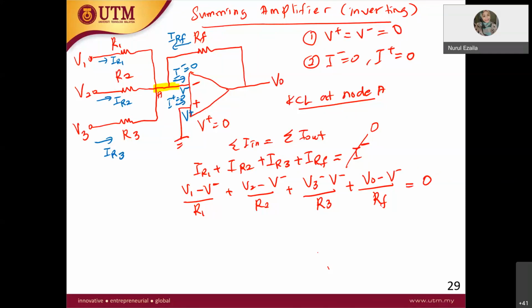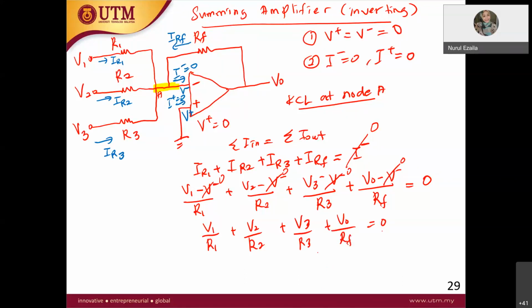What is V minus? V minus equals 0. So this equation is left with V1 over R1 plus V2 over R2 plus V3 over R3 plus V out over RF equal to 0.